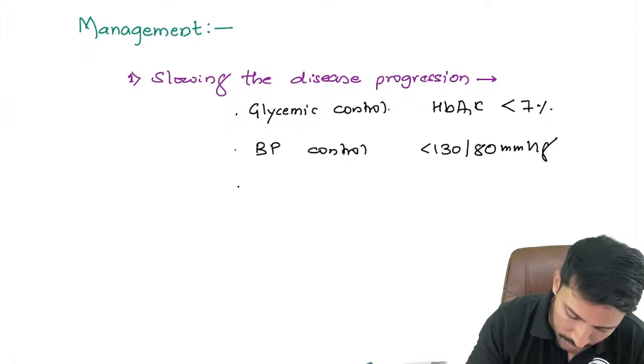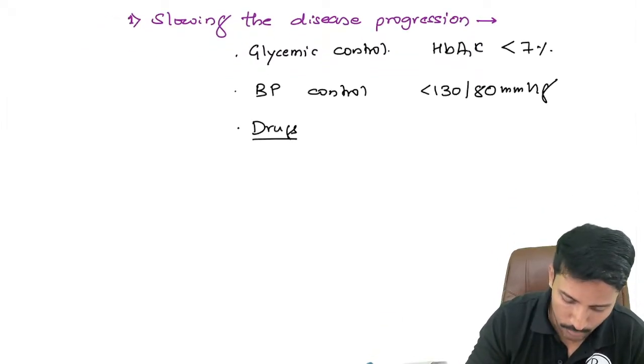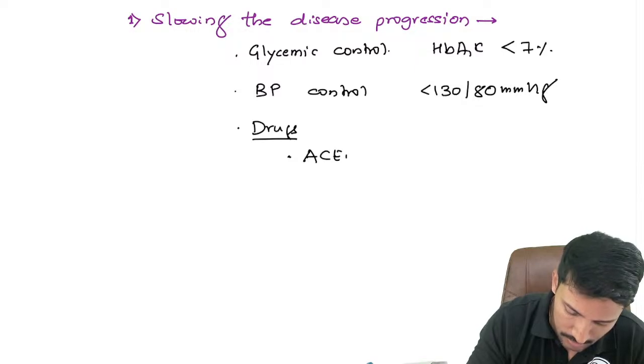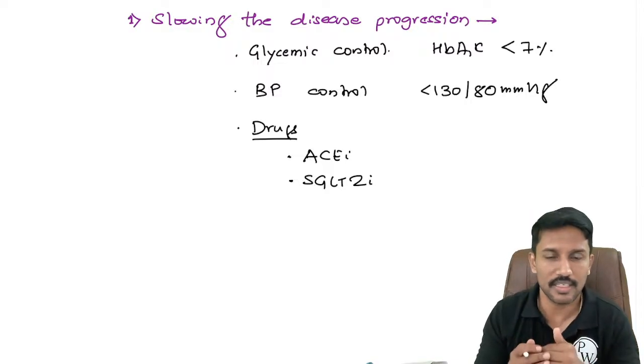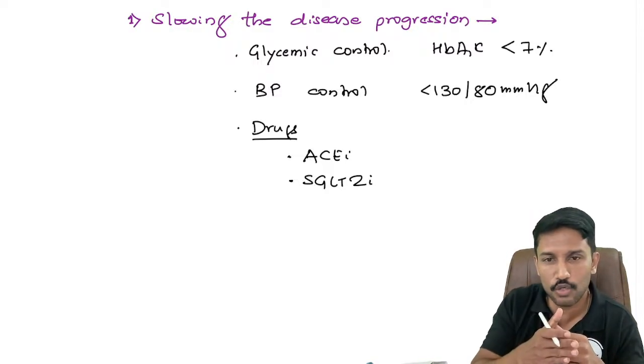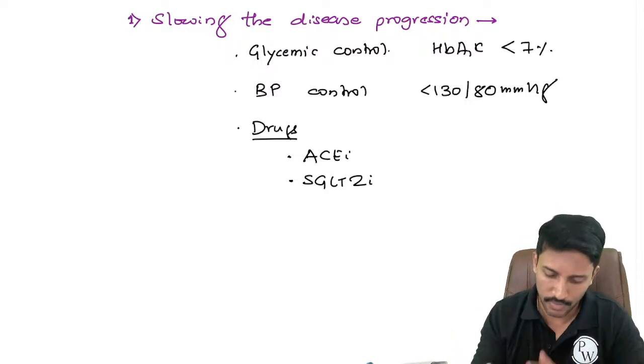Apart from that, certain drugs are known to slow down the progression of CKD. What are those? ACE inhibitors and SGLT2 inhibitors. Regardless of whether a person is diabetic or not, ACE inhibitors and SGLT2 inhibitors can slow down the progression of CKD, right?